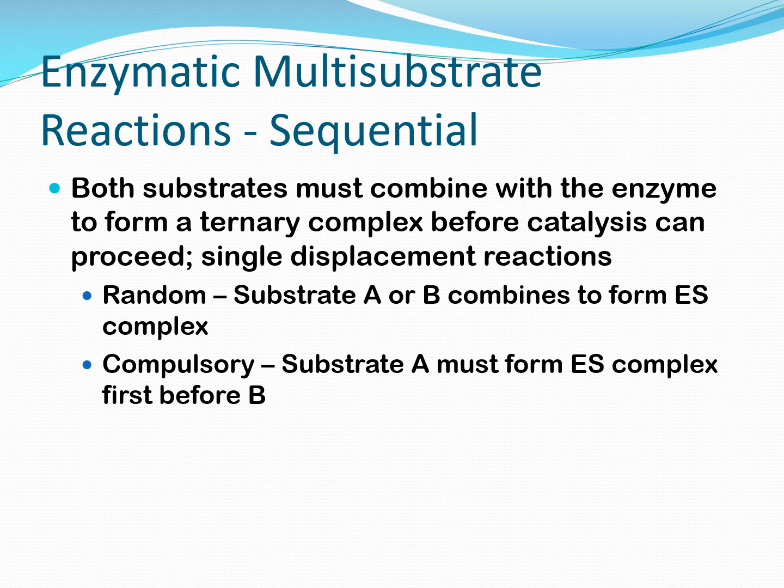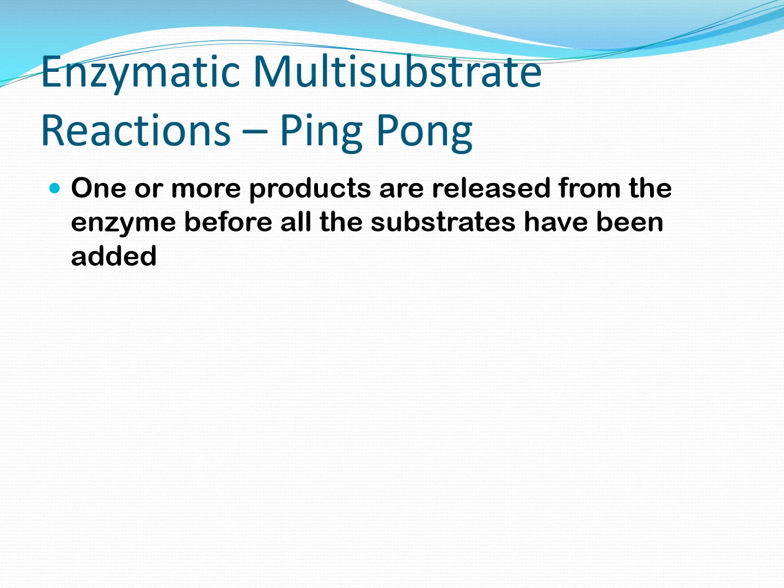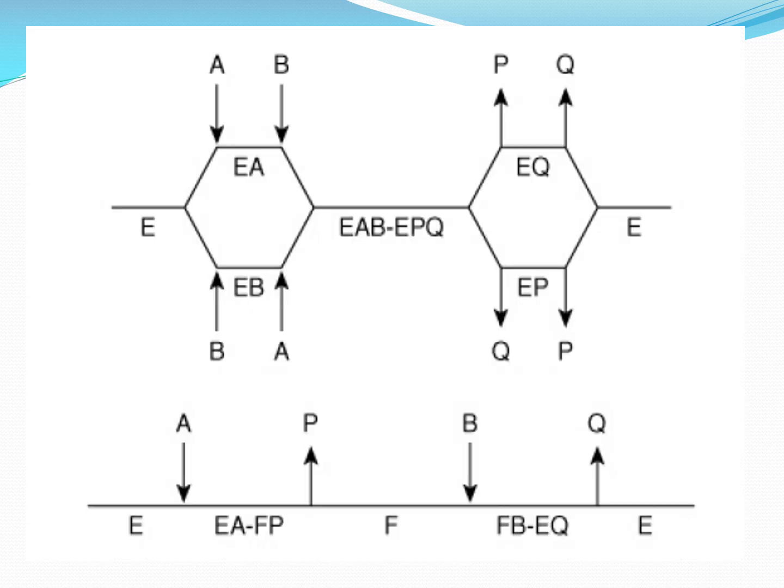It could be random, wherein substrate A or B combines to form enzyme substrate complexes, or compulsory, wherein substrate A must form the enzyme substrate complex first before it proceeds with B. Or it could be ping pong, wherein one or more products are released from the enzyme before all the substrates have been added. Okay? The one above is sequential, and the one below would be ping pong.